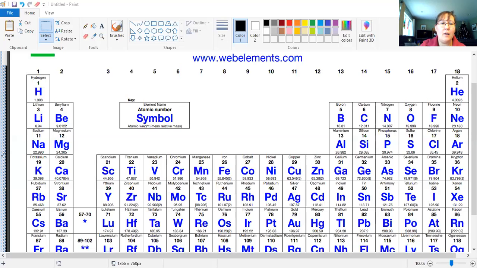We're talking now about carbon. Carbon on your periodic table is right here. Let me see if I can get that a little bit wider. All right, there we go. Here's carbon on our periodic table.